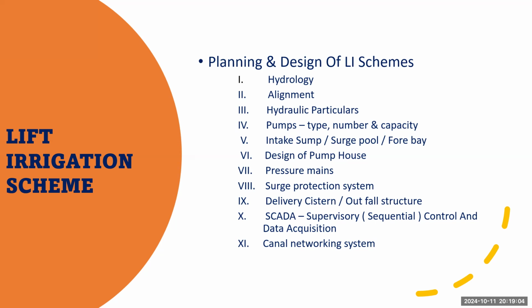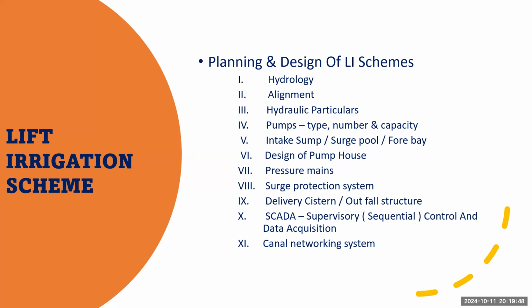Second is to fix the alignment for the scheme. Third is deciding the hydraulic particulars: the type of pump, number of pumps, and capacity of all the pumps. Then to design intake structures, surge pool, and forebay. Then the next point is design of pump house and pressure mains. Then installation of surge protection system. Then construction of delivery system or outfall structure. Then the supervisory control and data acquisition system, that is the SCADA system. And the last point is the canal networking system.